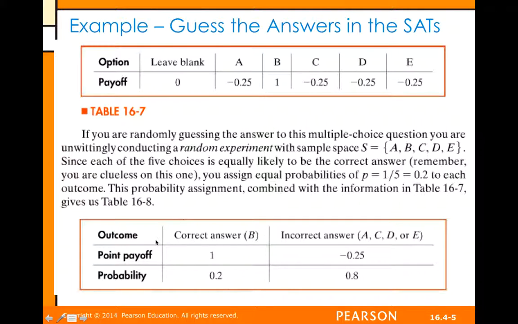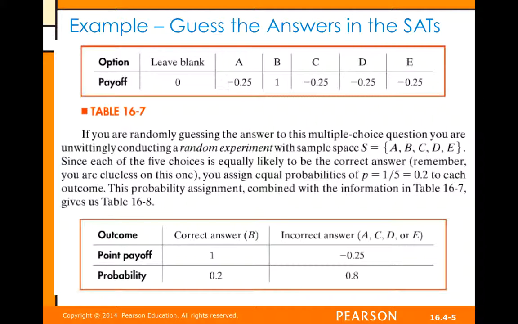Okay, so when you think about what kind of payoff you get when you answer this question, you either get 1 full point or negative 1/4 point. So for the sake of argument, let's just say that B is correct. Okay, we don't know that B is correct, but that's just background information, right? Let's just assume B is correct. The logic will follow no matter which one of these answers is correct.